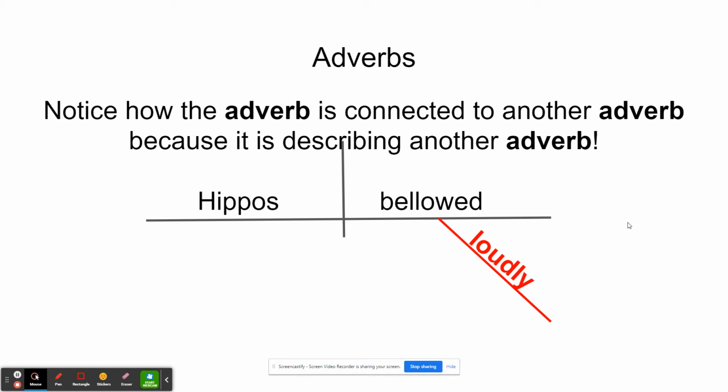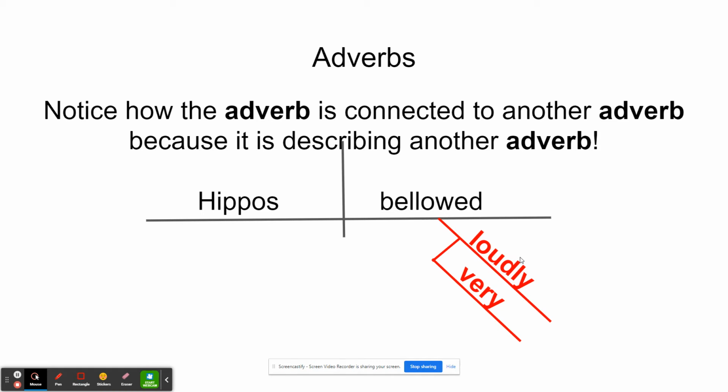But now watch what I'm going to do for this adverb that describes the adverb loudly. Are you ready? Look at that. So this sentence is hippos bellowed very loudly. Very is describing loudly.